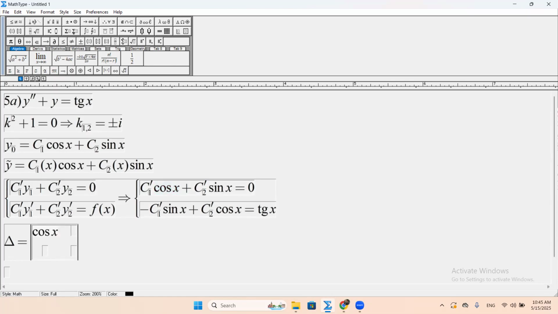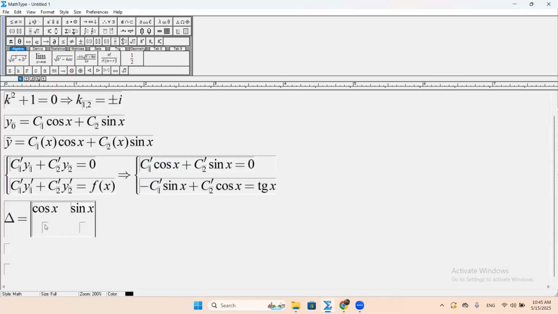So cosine of x, sine of x, minus sine of x, and cosine of x. The determinant will be cosine square x plus sine square x, so it will be equal to 1.